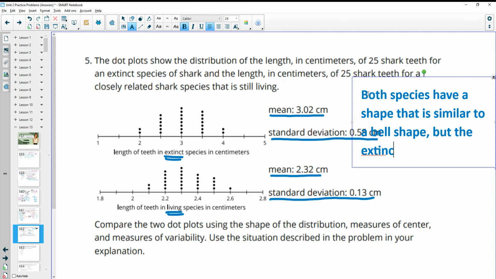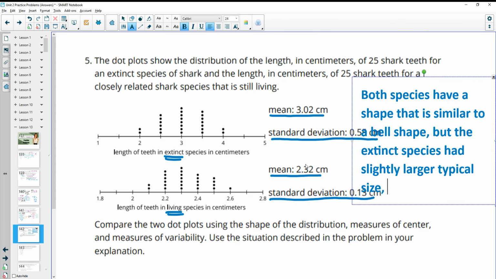But the extinct species had a 3.02 centimeter mean, and the living species has 2.32. So the extinct species had slightly larger typical size.